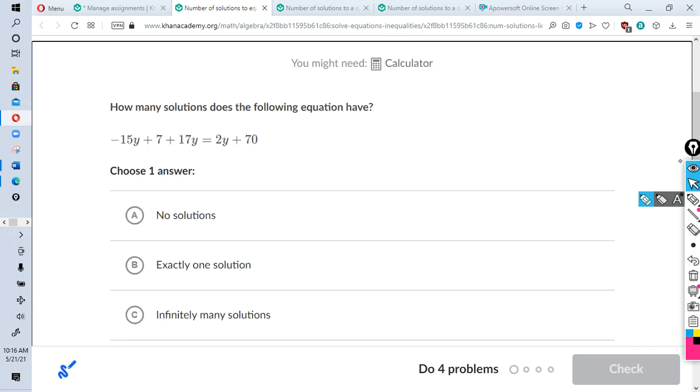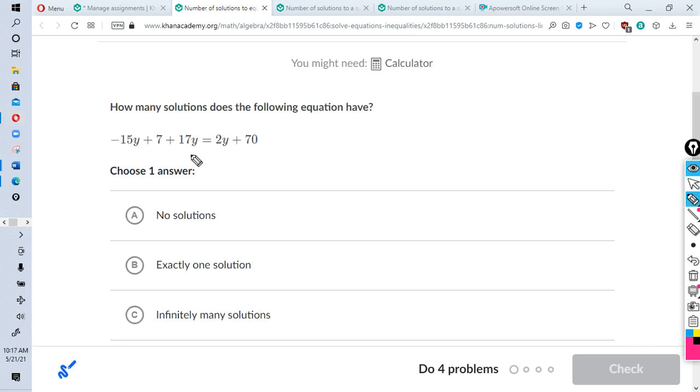Last one. So combining like terms, -15y plus 17y is going to be a 2y, and we still have +7. And on the right-hand side, we have 2y plus 70.